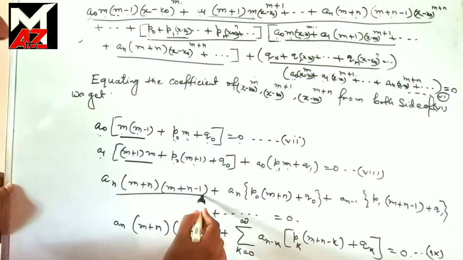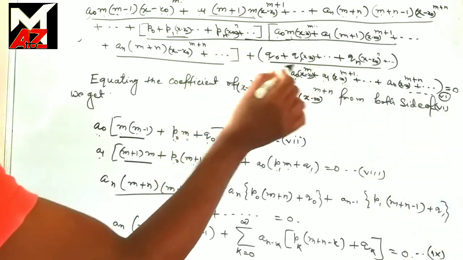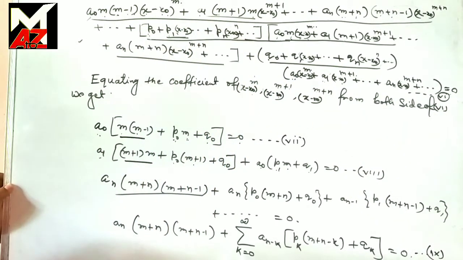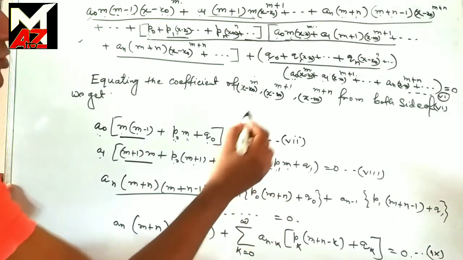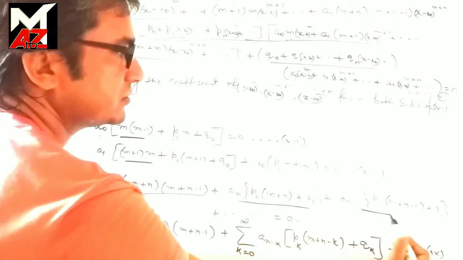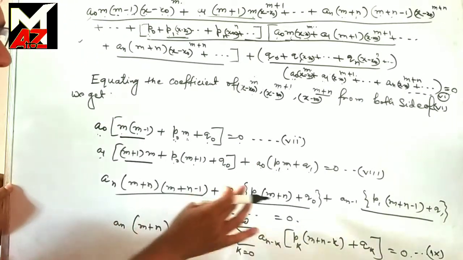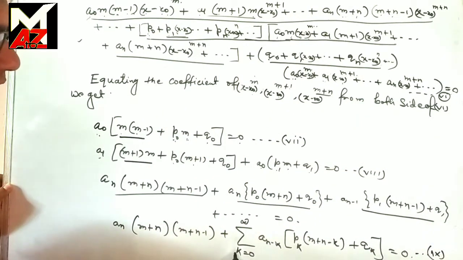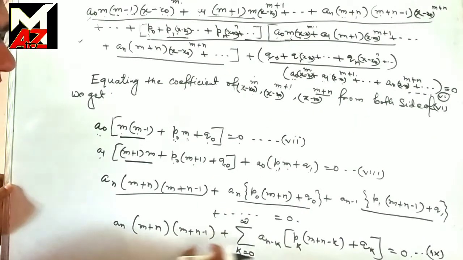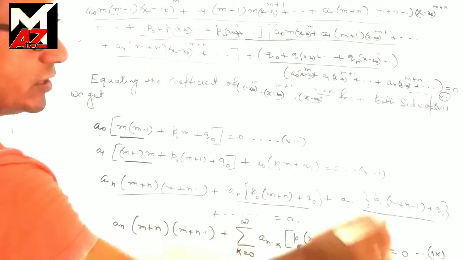From the other parts we get infinitely many terms whose coefficients are of (x minus x0) to the power m plus n, to infinity. After the first term, we can write all the terms after the first as a summation, k equal to 0 to infinity, a(n minus k) into [pk (m plus n minus k) plus qk] equal to 0.